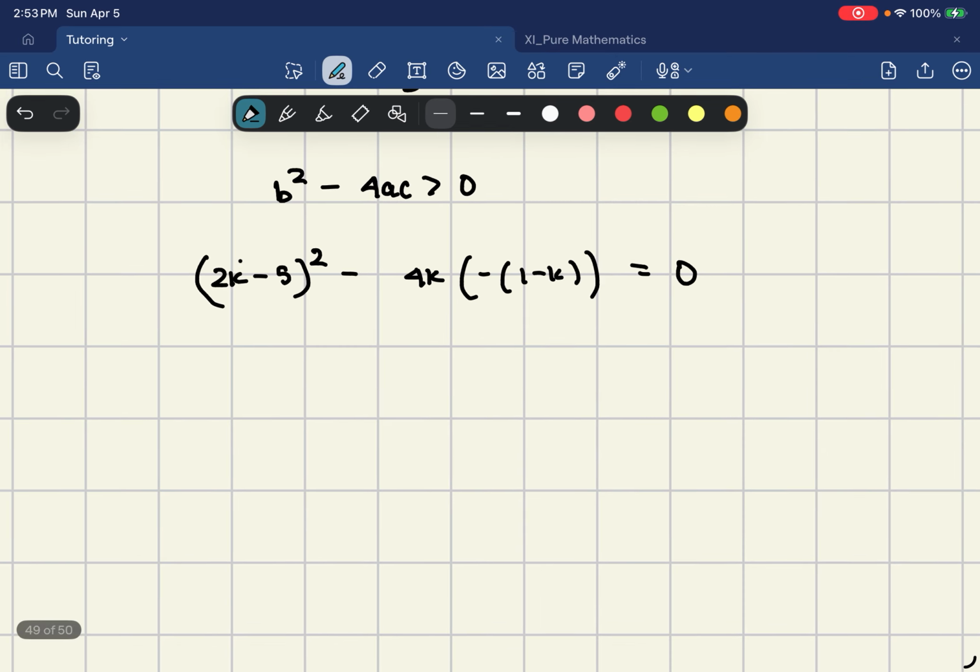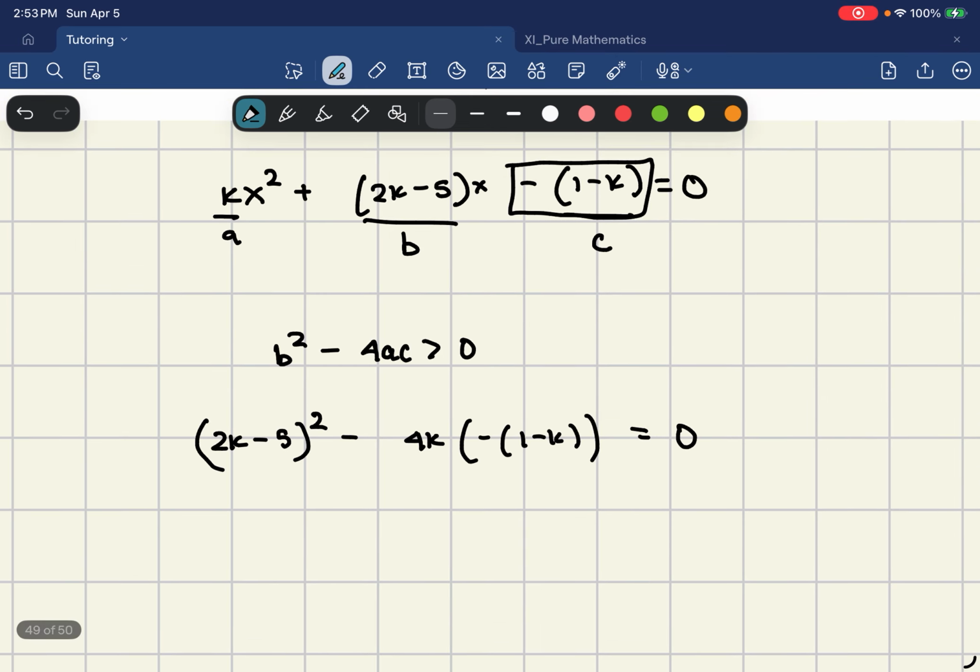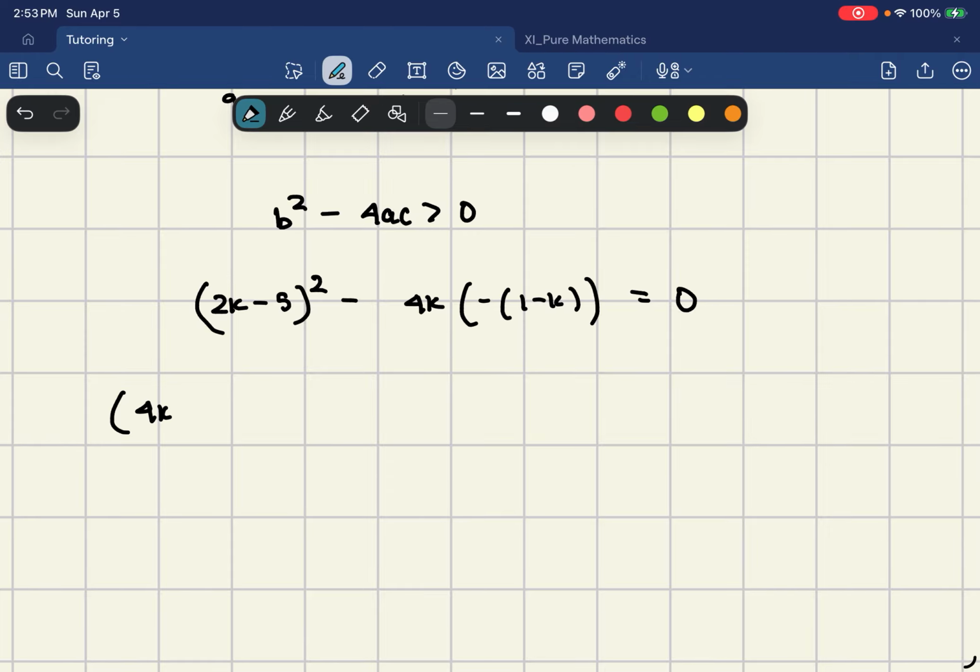All right, so 2k minus 5 squared, that is 4k squared minus 20k plus 25, I believe. 4k squared minus 20k plus 25 minus 4k, and this is just k minus 1, so it's bigger than 0.